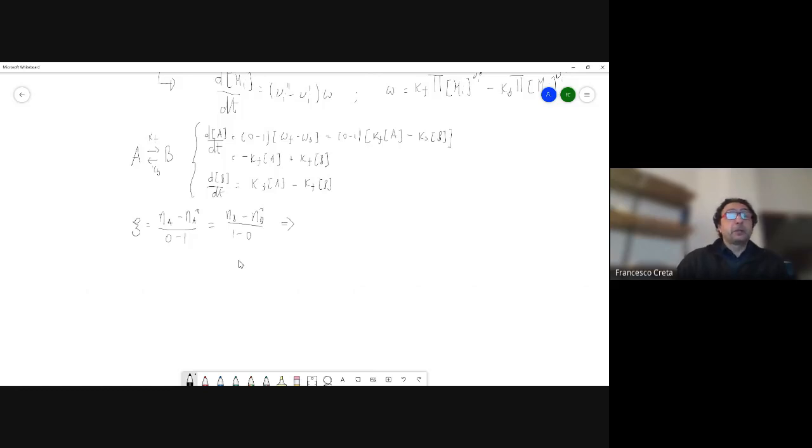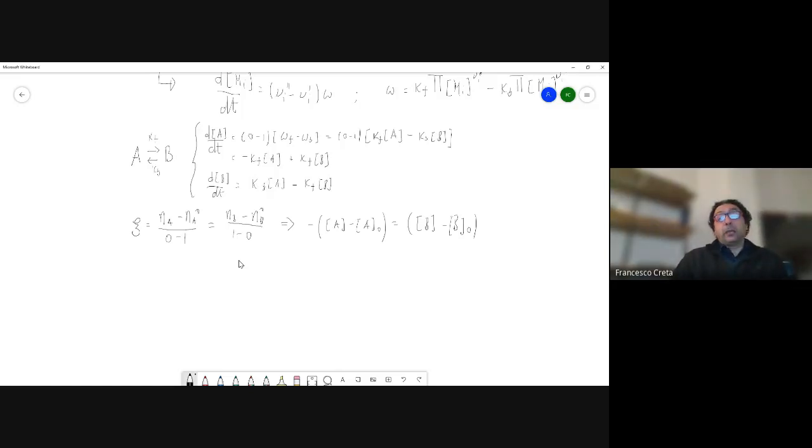So what we have here, with a minus sign, is the molar concentration of A minus the initial molar concentration of A, which is equal to B minus the initial concentration of B.